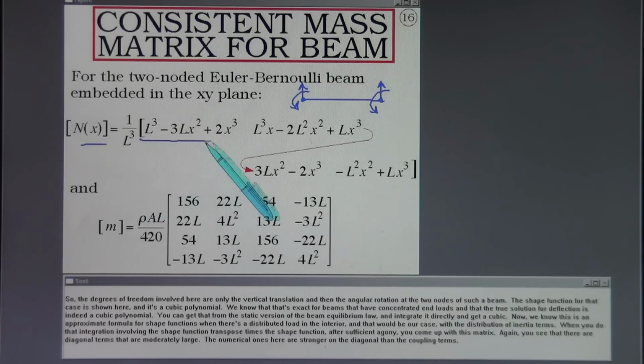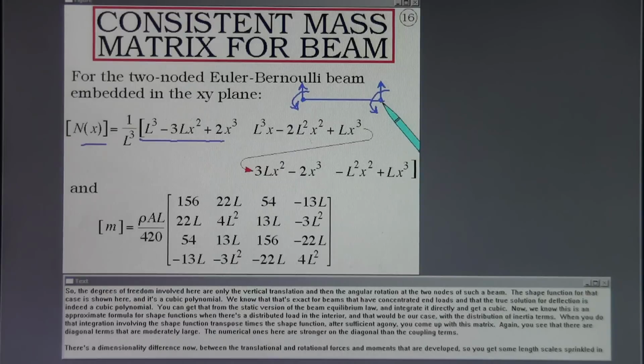We know that that's exact for beams that have concentrated end loads, and that the true solution for deflection is indeed a cubic polynomial. You can get that from the static version of the beam equilibrium law and integrate it directly and get a cubic.